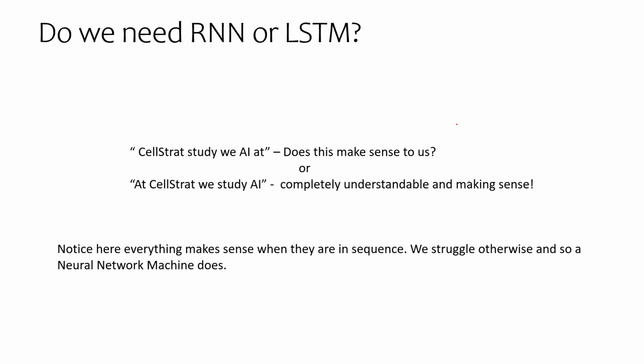If I rephrase it as "self-stat will study AI", that is completely understandable and makes sense. If the first sentence doesn't make sense to us, how is it going to make sense to a machine?